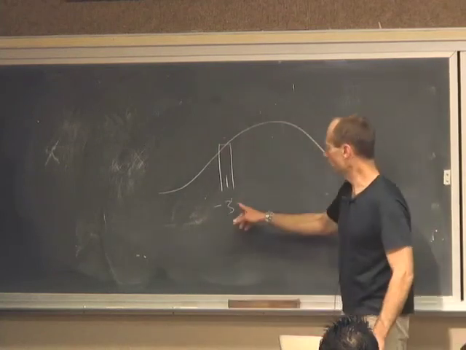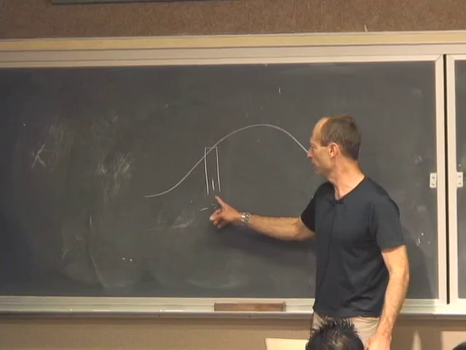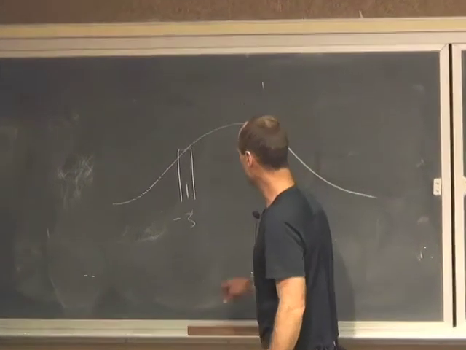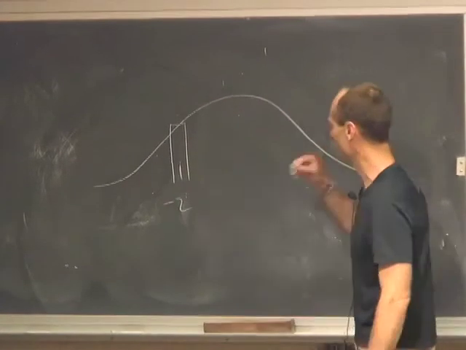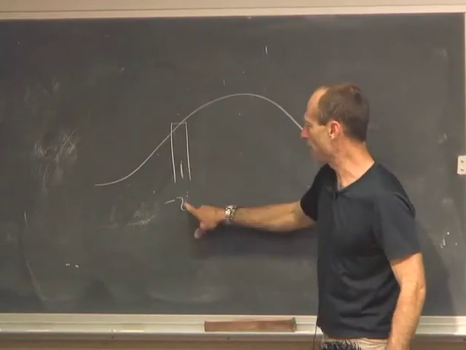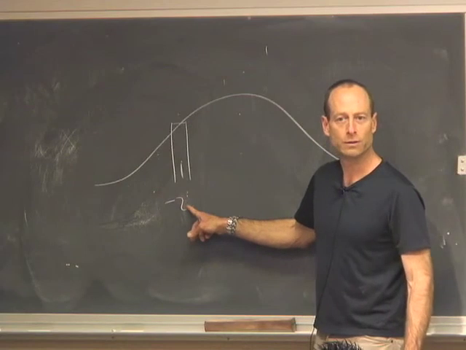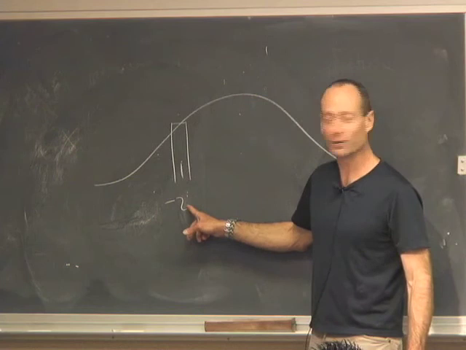Okay, so let's say we have a random variable, and the probability that random variable is equal to minus 2, because that's a little more realistic given the way I've drawn the curve. Okay, so the area of this bin would be the probability that the random variable is equal to minus 2, right? Everybody, we're all calibrated here? Okay.